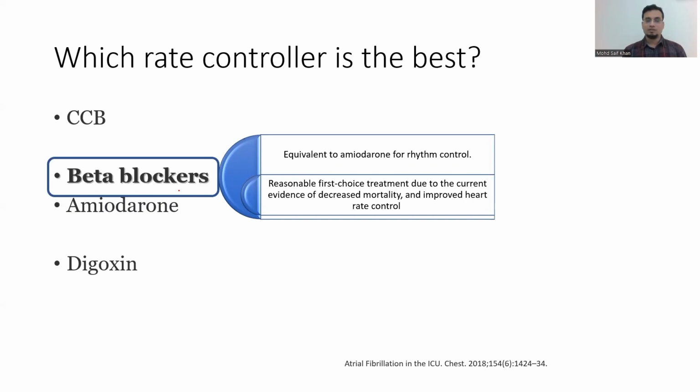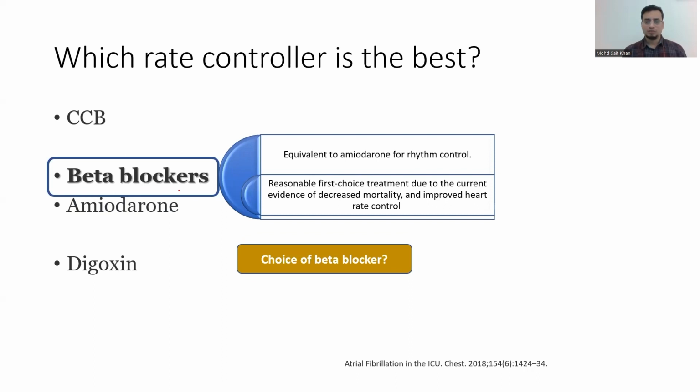Now if somebody asks you which beta blocker is better to control the atrial fibrillation rate, there are various choices like bisoprolol or metoprolol succinate. They may be first choice beta blockers in patients who are otherwise having acute AF, but not in ICU.